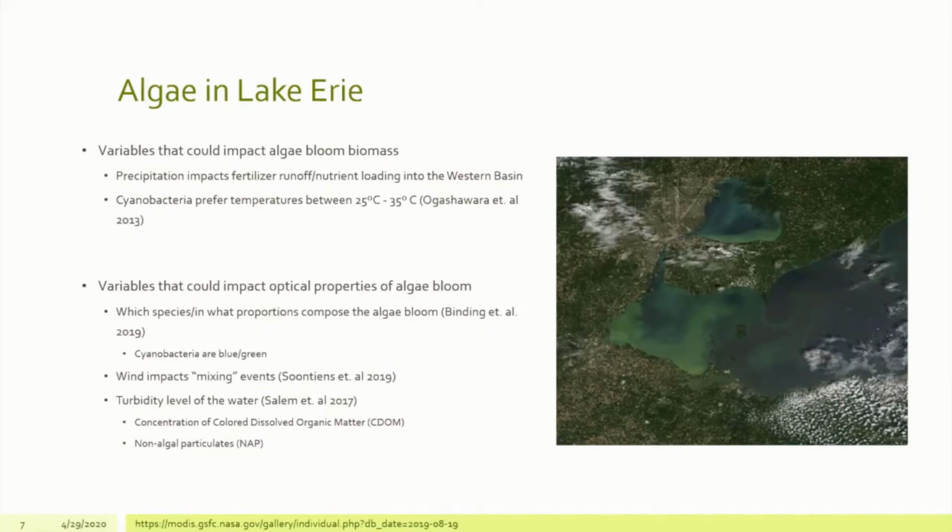The other thing that could impact the model is that different climate data could impact the actual optical properties of the algae bloom kind of separately from just its biomass. And so that could be the community composition of the algae bloom. So different types of algae are like different colors or different shapes.